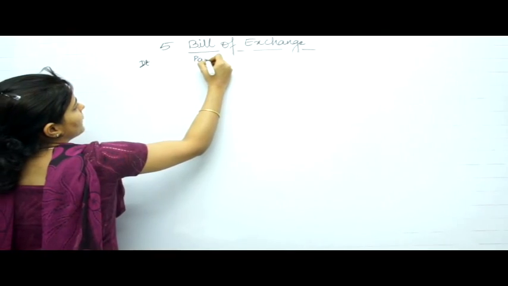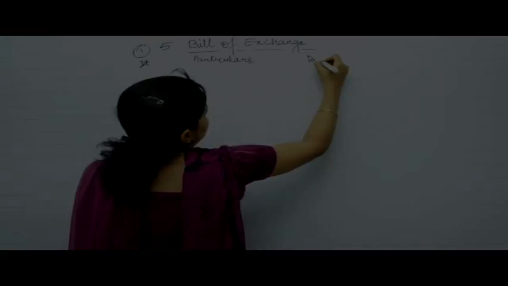Then you will have the particulars, the debit column and the credit column.